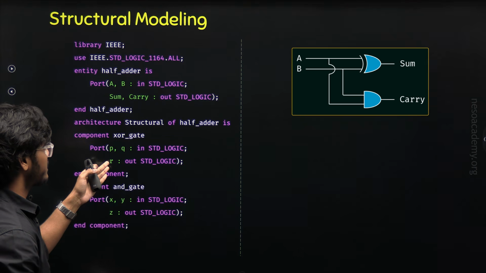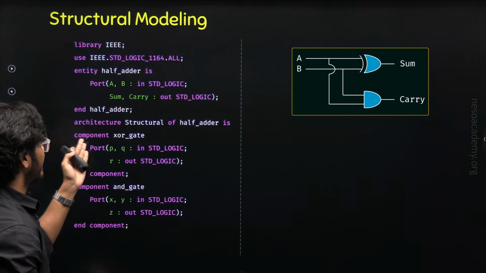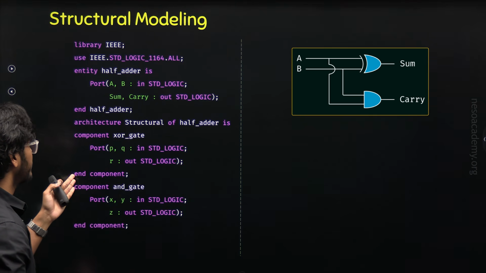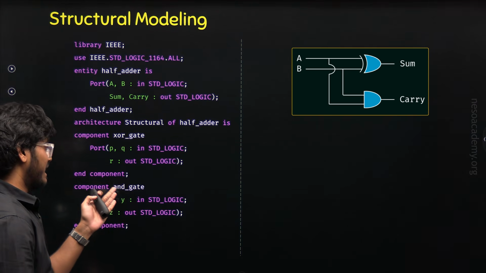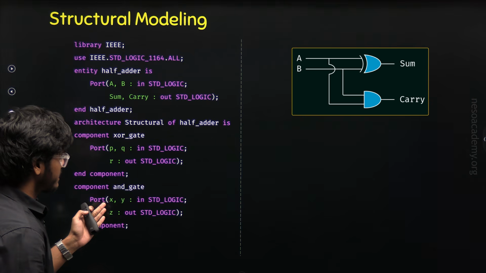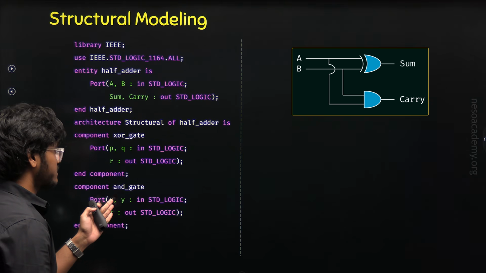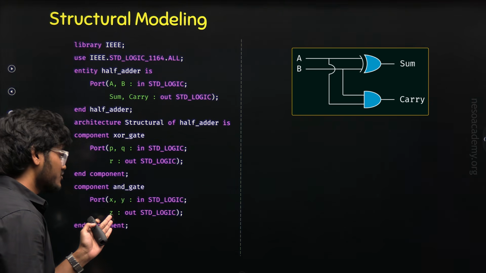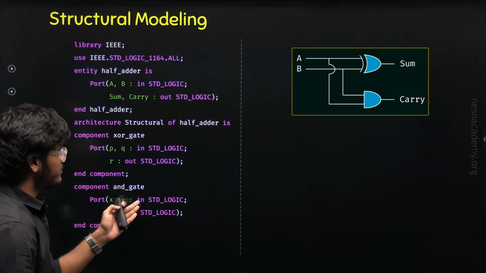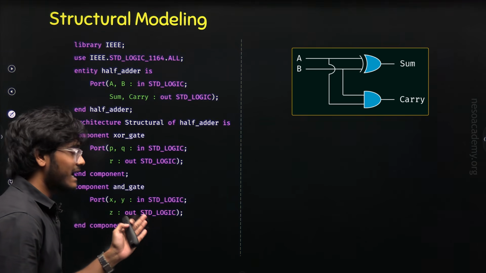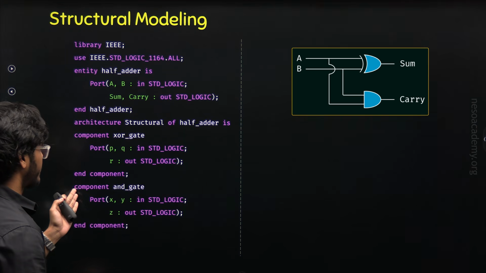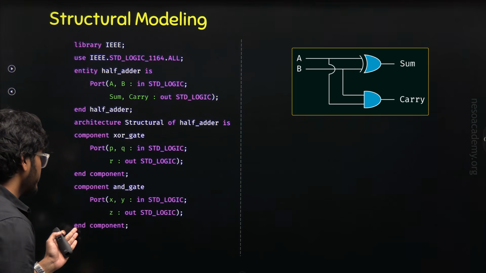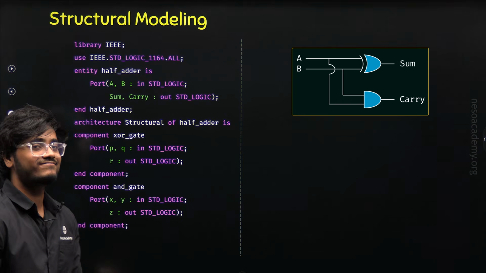After port declaration inside the component, we can end this component using the keyword end component. Similarly, for the component AND_gate, we are taking the two inputs X, Y and one output Z. Both inputs and output are of standard logic data type. After the port declaration, we can end this component using the keyword end component.